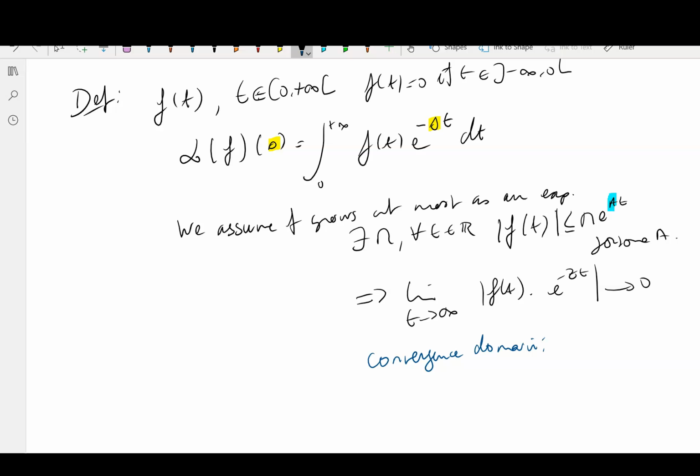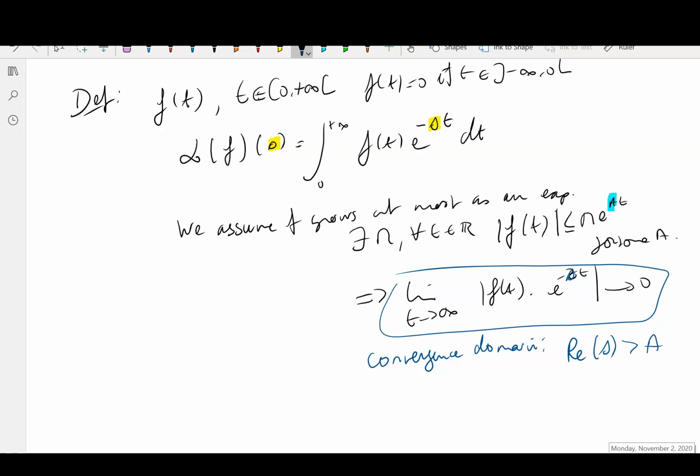This limit at infinity is true if the real value of my s variable, I've used the z variable, is greater than A, so that the exponential of minus real value of s times t wins over the exponential of capital A times t. So we see we're going to need that notion of convergence domain.